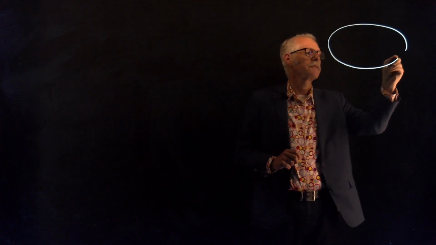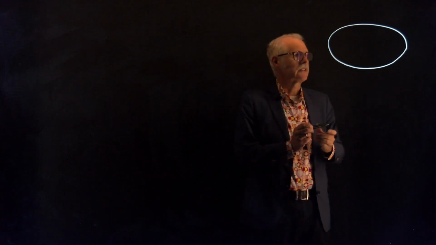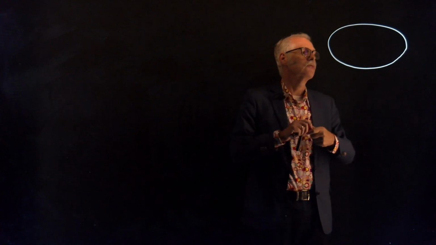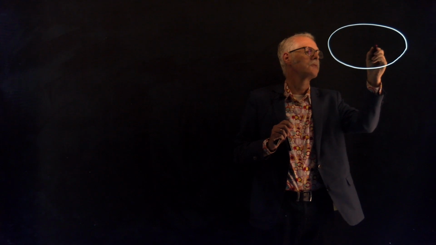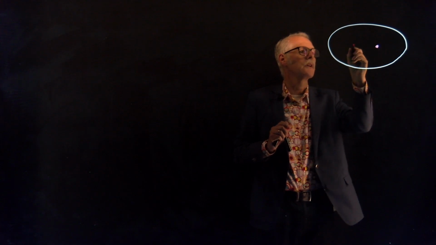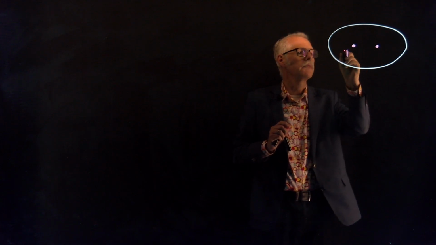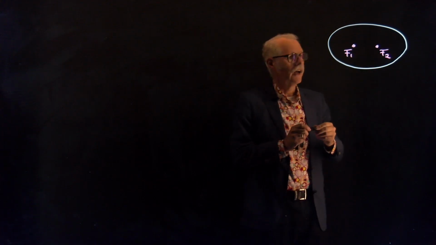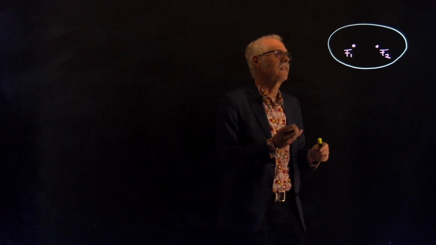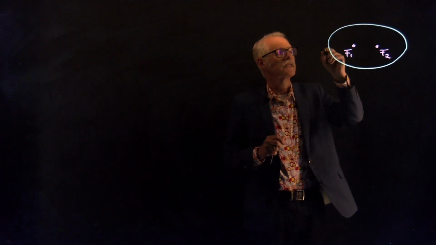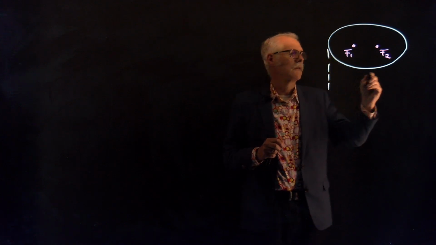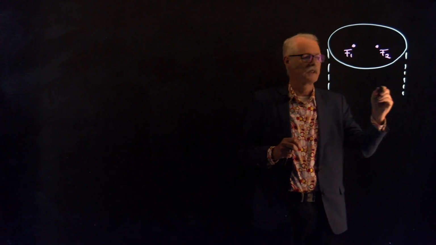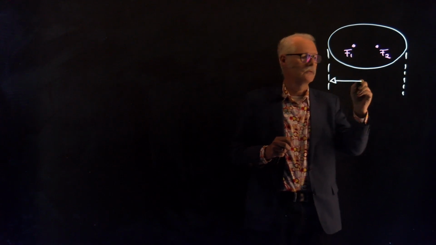If we have an ellipse like this, then it's characterized by two focus points, two foci, say this one and that one. Usually we call them F1 and F2 for focus. And you also have the dimensions of the ellipse. For example, the long axis is usually called 2a.